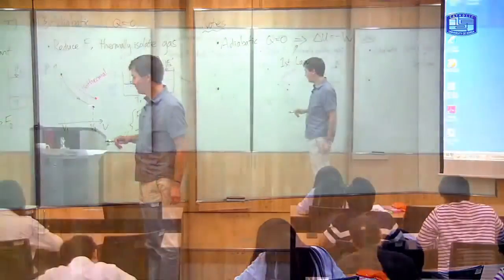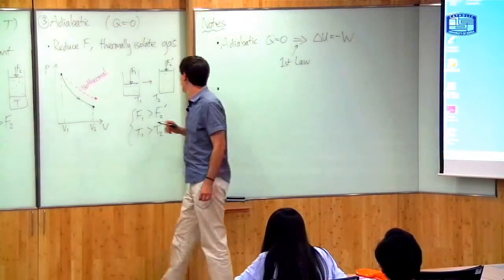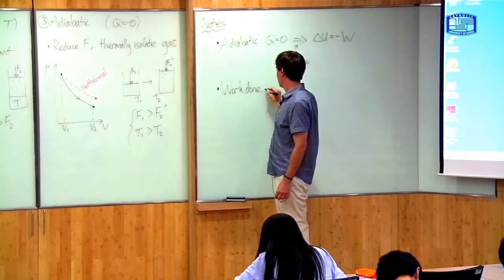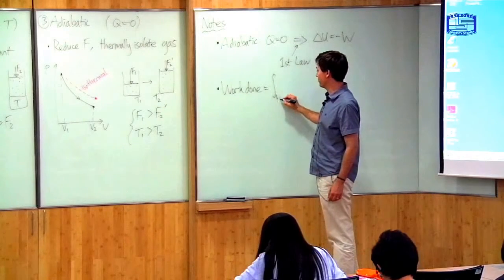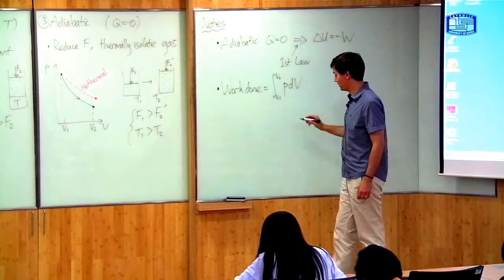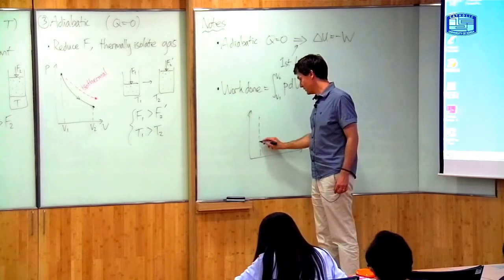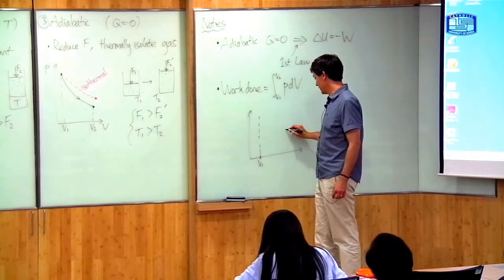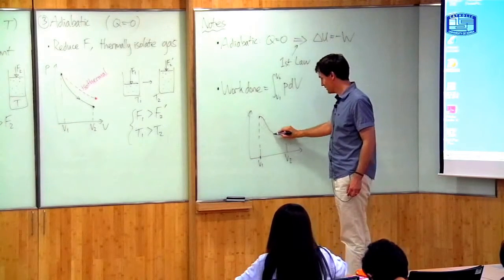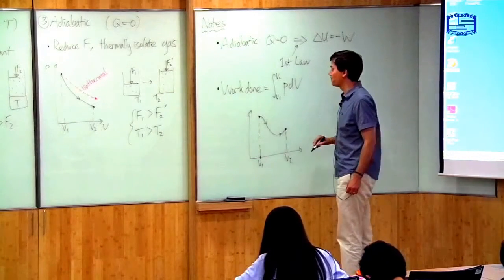The second point explains why these PV diagrams are useful. If you look at the form of the work done, we defined it as the integral from V1 to V2 of P dV. So I start off somewhere at V1, and I end up somewhere at V2, and I have some kind of expansion process between them. It can be complicated in real life, of course.